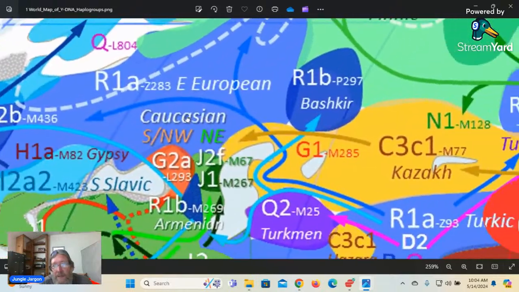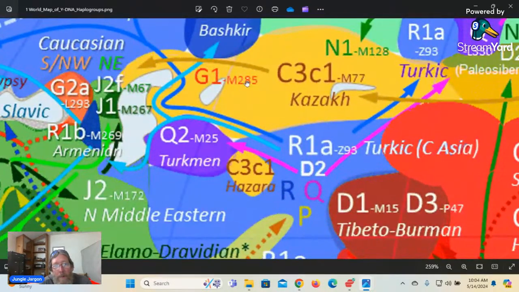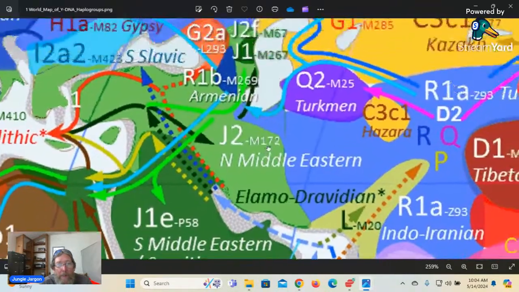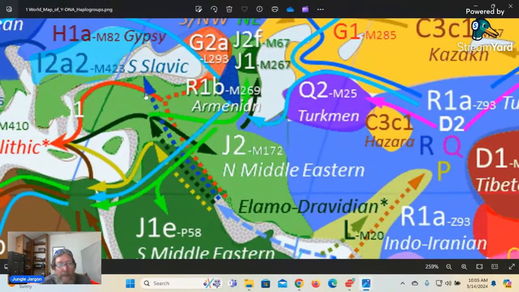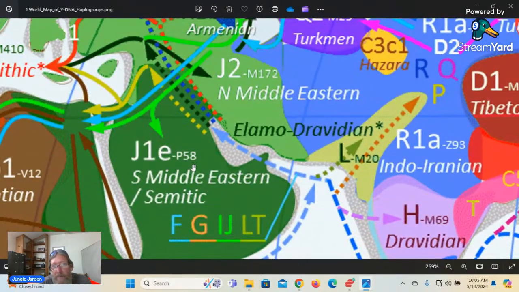What are the chances that it would fit so well? And again, with the C haplogroup, and again, with the Israelites being pushed into the north, and again, with the J1 P58 co-modal haplotype. And of course, this J1 P58 haplotype is from the tribe of Levi. But then this is J1E.